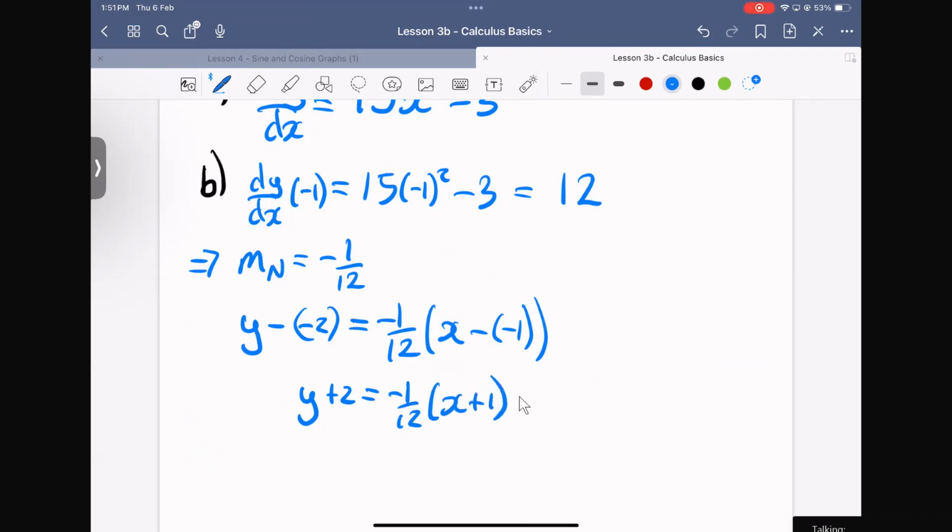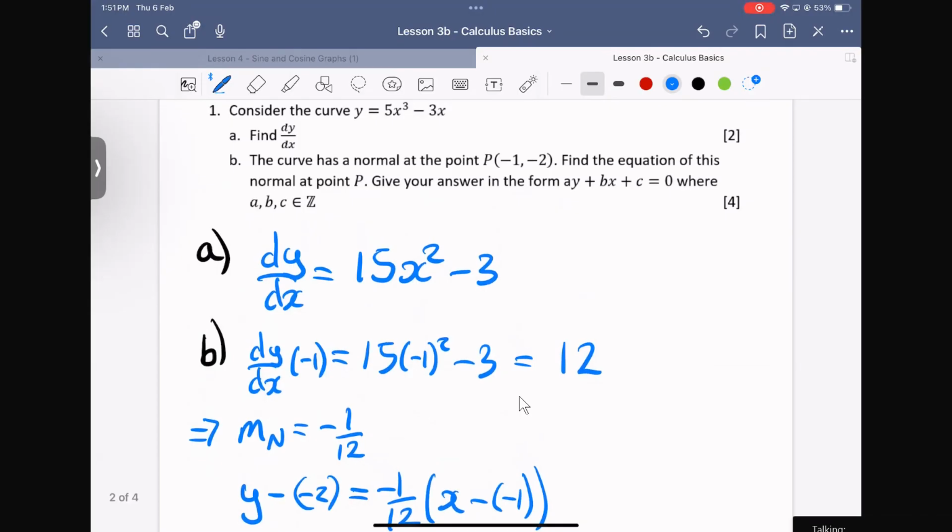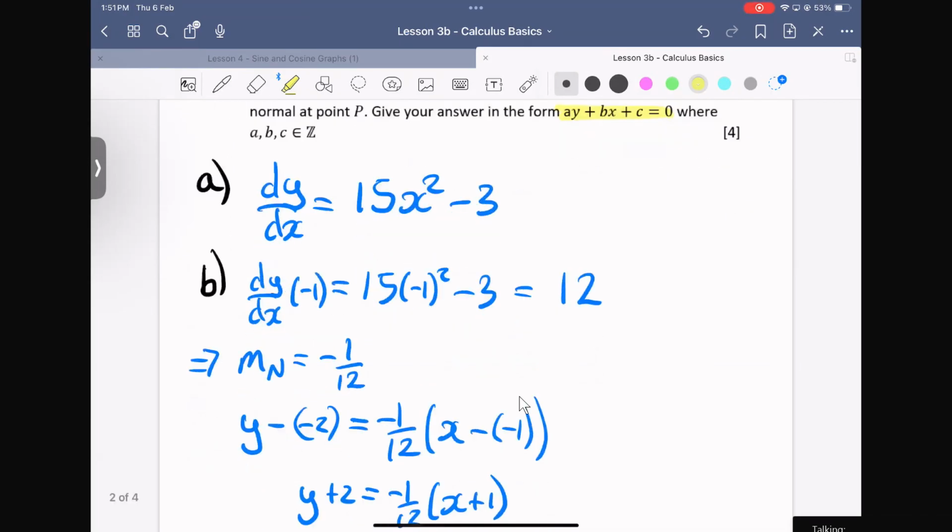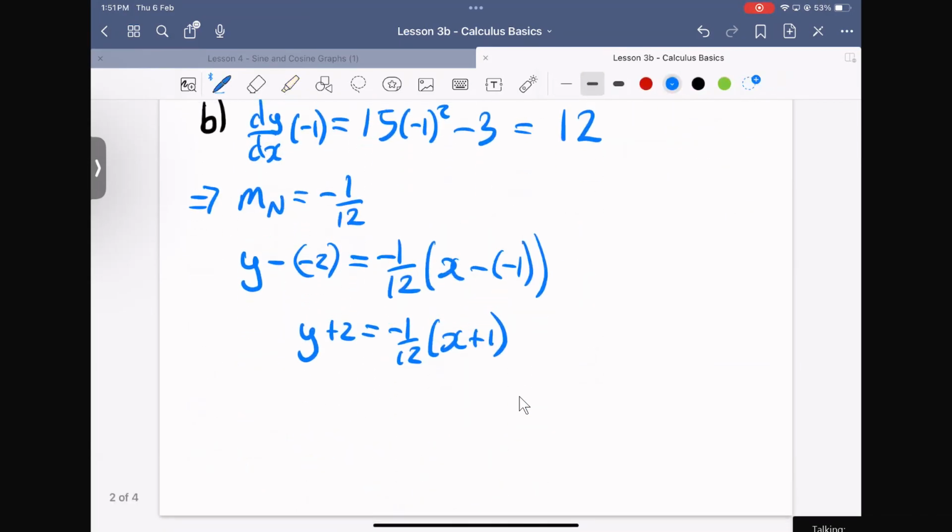We found a straight line at this point, but in this question, we're asked to give it in the general form. So the best thing to do when trying to get it into the general form is to multiply through by 12. So I'm just going to multiply through by 12 and get 12y plus 24 equals minus x minus 1.